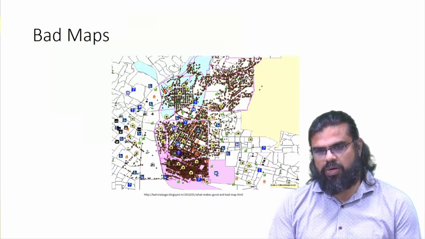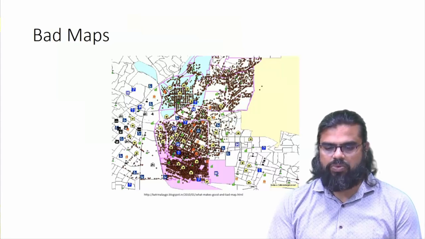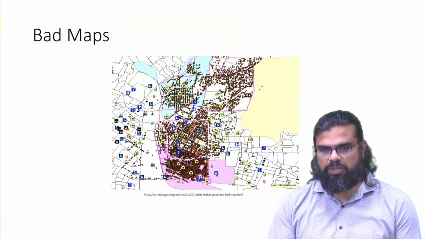So in this case, you are representing whatever information you have. A lot of point data sets is available, and all those data sets have been represented in the map. So whenever your end user is observing this particular map, he or she may be overwhelmed with the information present.